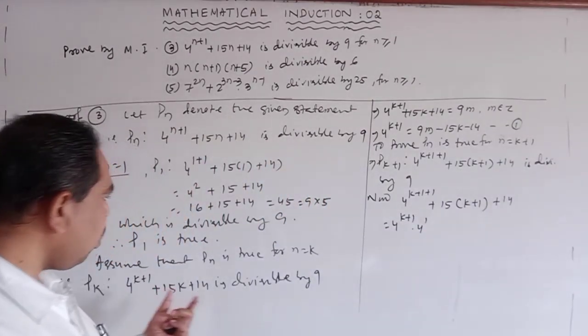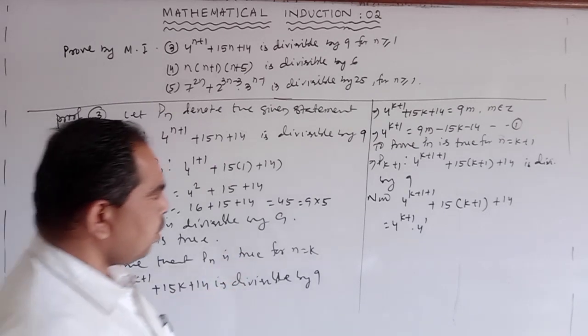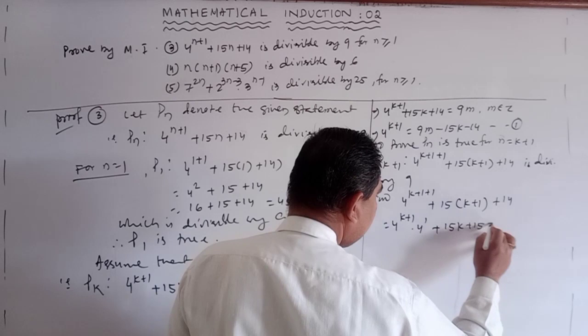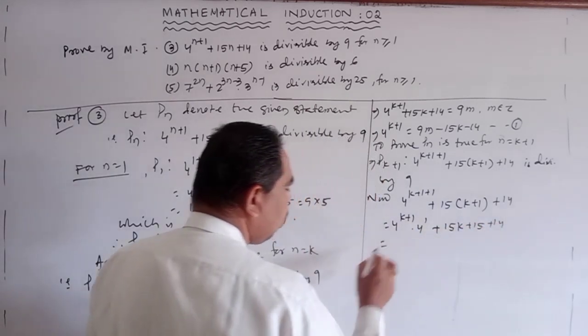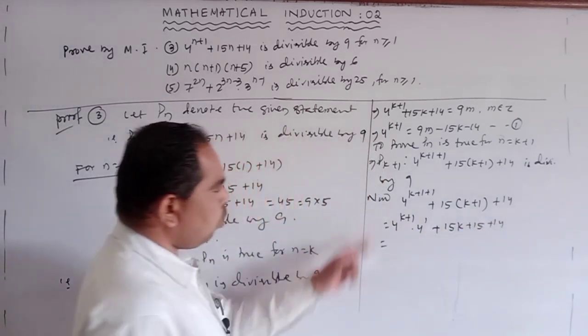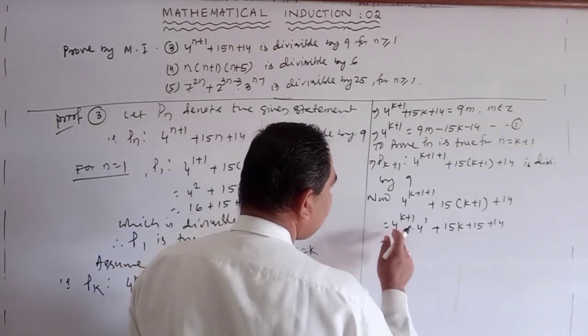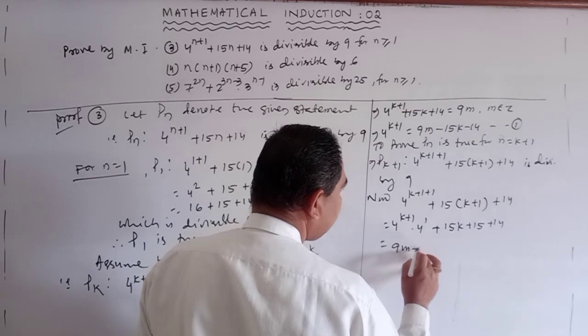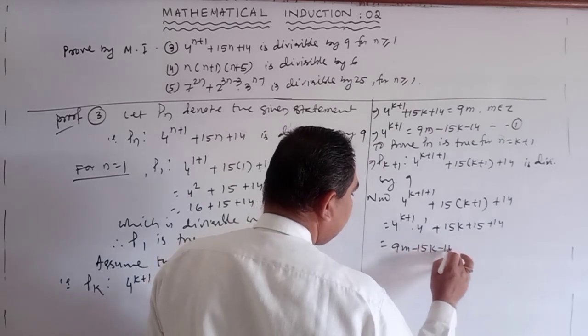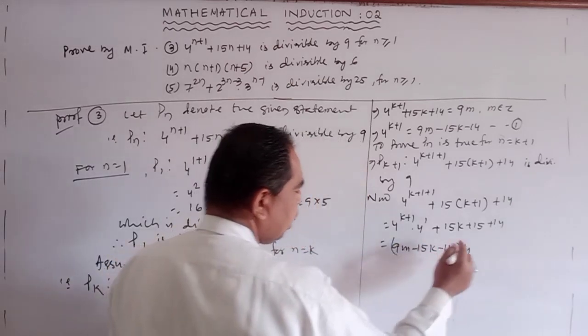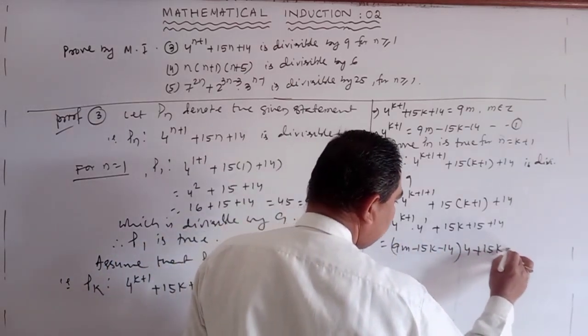First find the value of 4 to the k plus 1, then plus 15k plus 15 plus 14. So what is the value of 4 to the k plus 1? Now 4 to the k plus 1 is 9m minus 15k minus 14. So put the value of 4 to the k plus 1, 9m minus 15k minus 14, into 4, plus 15k plus 29.